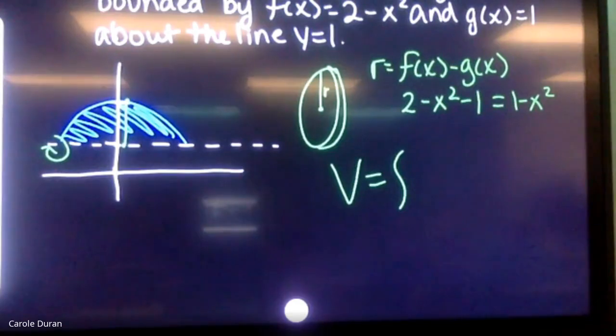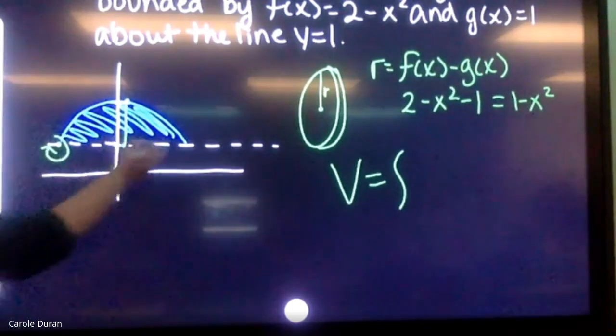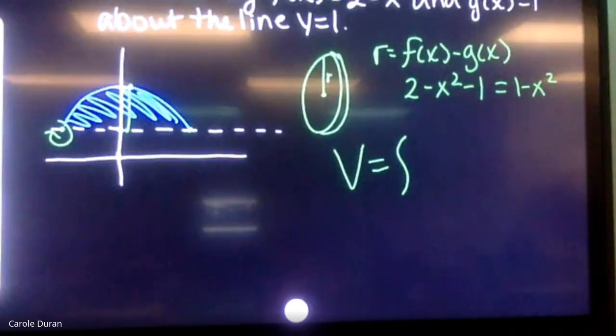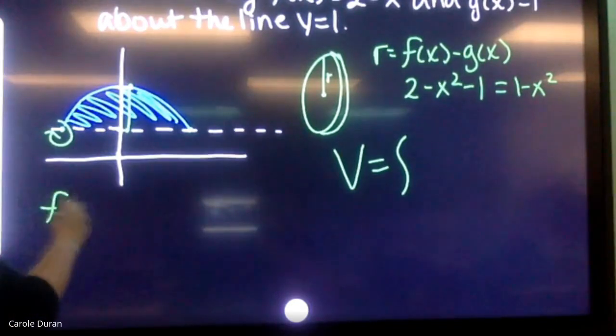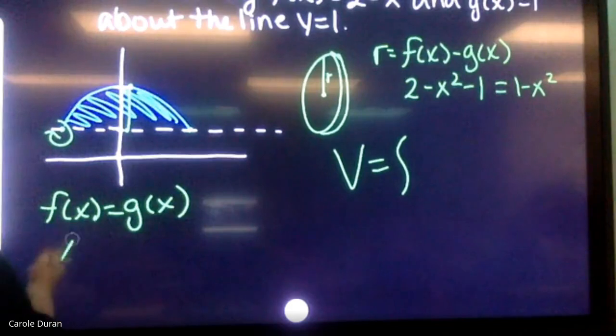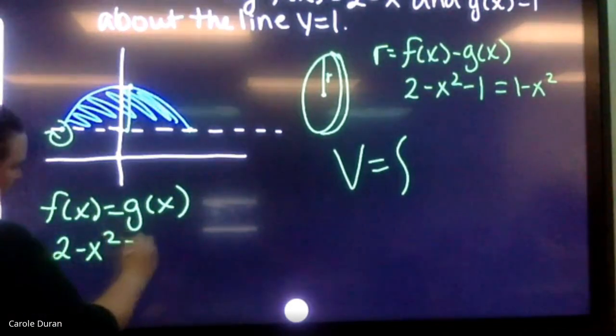So we have to set f and g equal to each other to find these intersection points, which will give me my x bounds. Why do you want x bounds? Because I'm rotating horizontally, and it's all in terms of x, so my bounds have to be in x as well. So I take f of x and set it equal to g of x, which means I have 2 minus x squared equals 1.